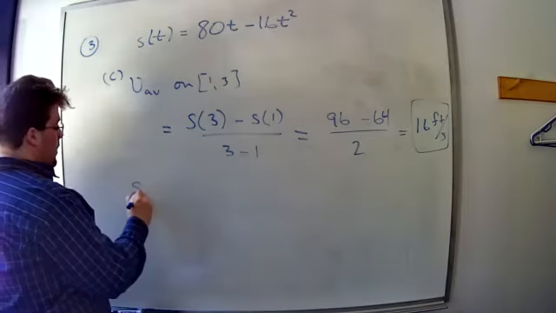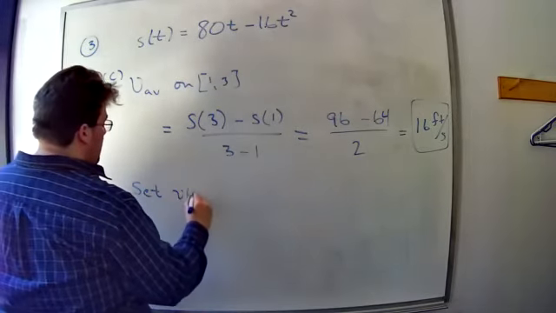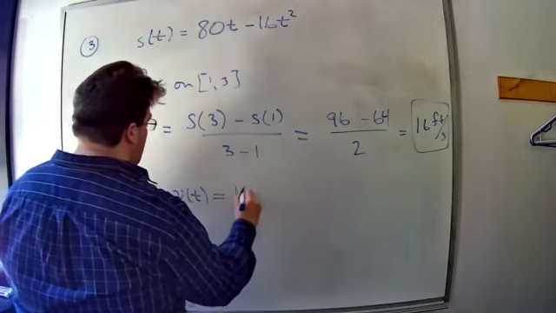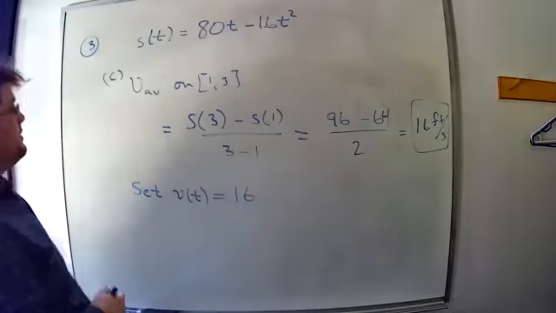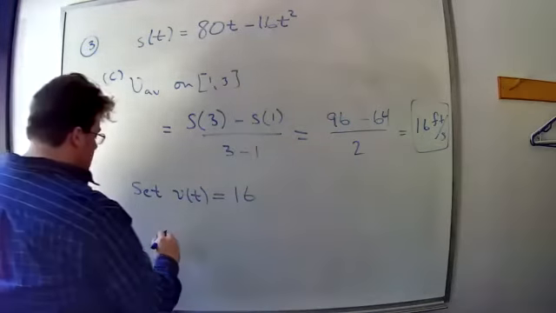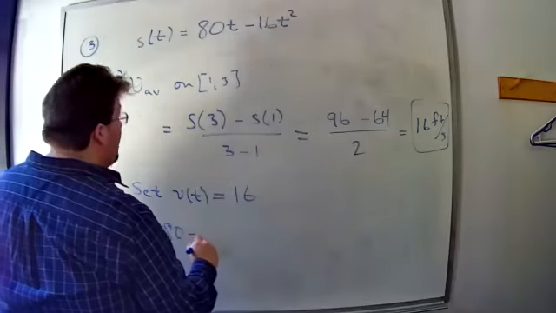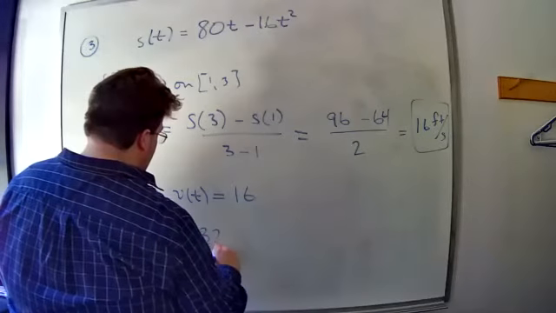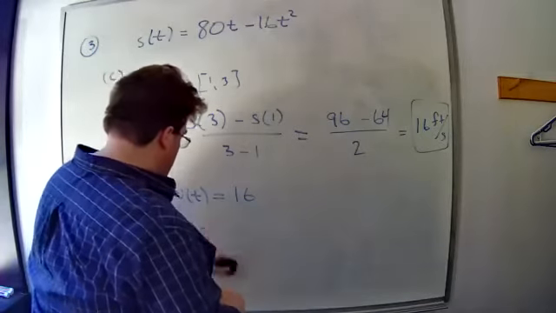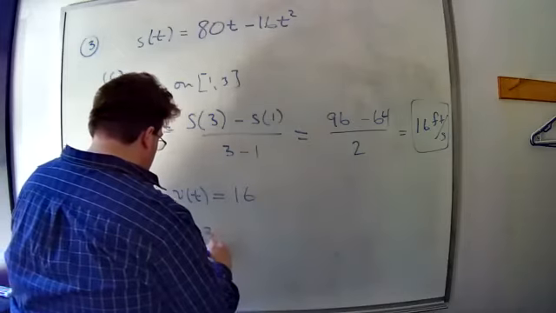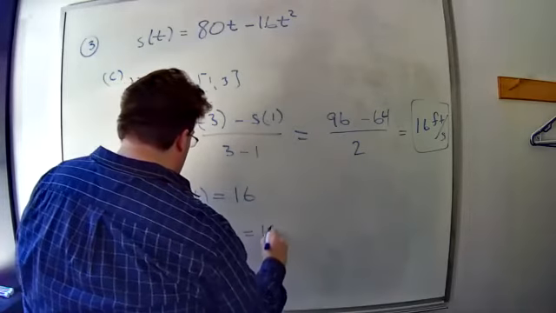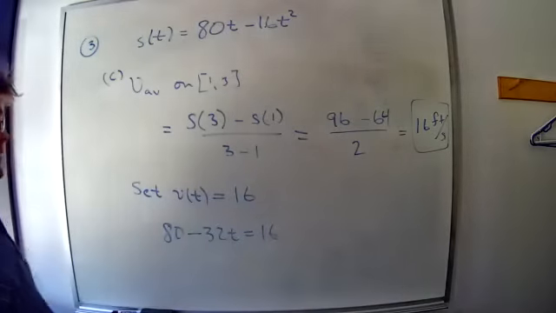So for this one, we want to set our velocity function equal to that number 16. What's our velocity function? Well, before, it was 80 minus 32t. 80 minus 32t equals 16.